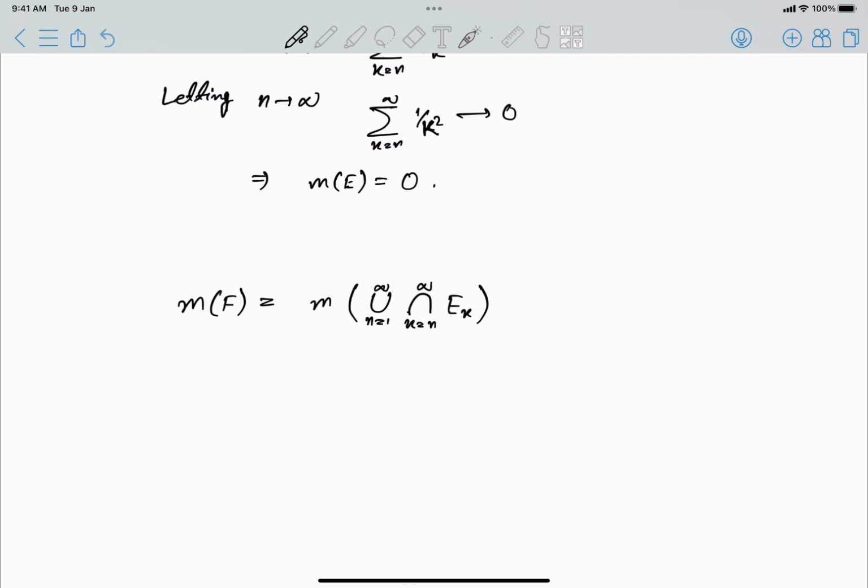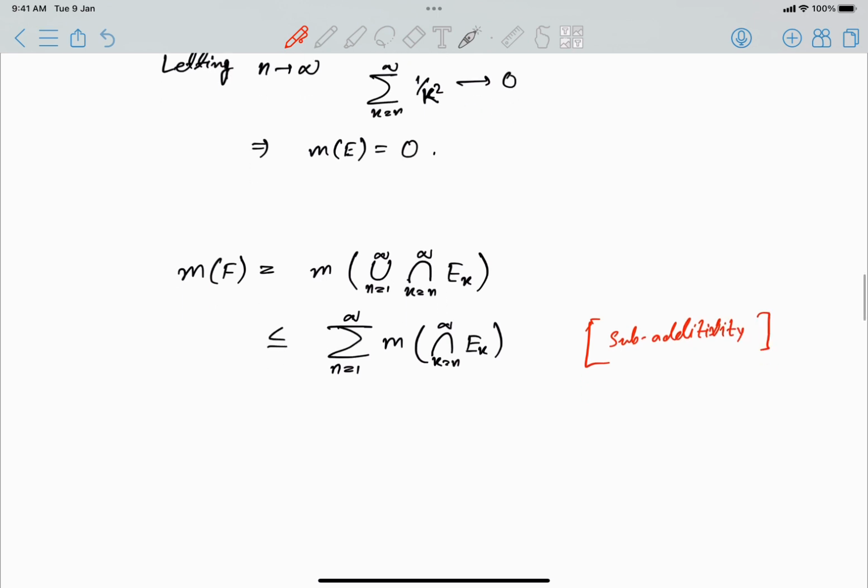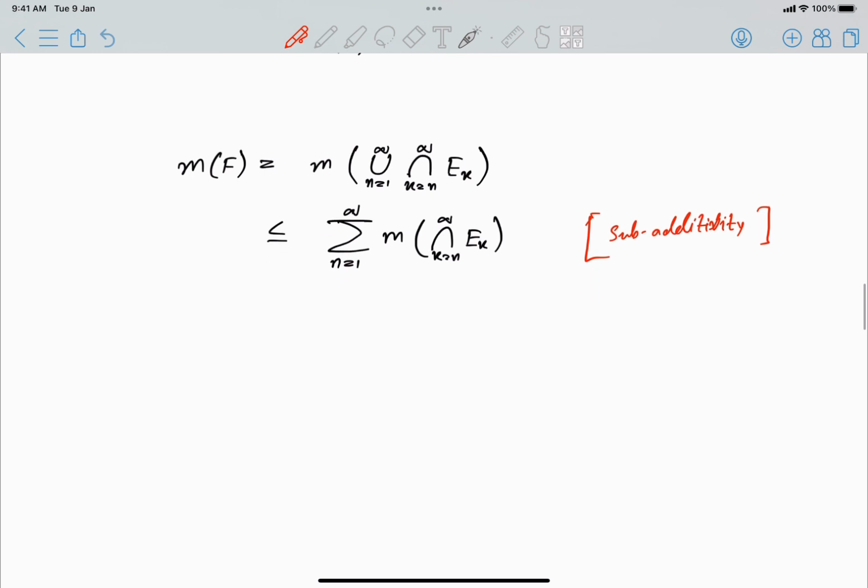So again by subadditivity, what we have done earlier, you can write summation n equals 1 to infinity measure of this intersection Ek, by subadditivity of this measure. Now what is the measure of this set? You have to find the measure of this set.